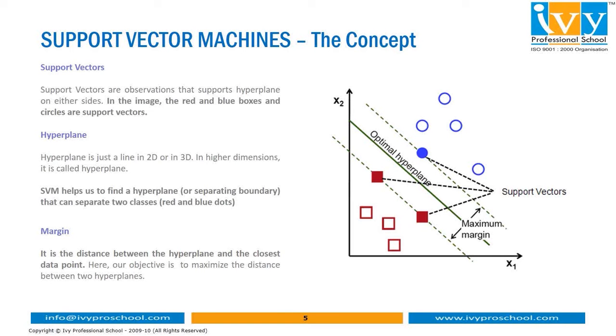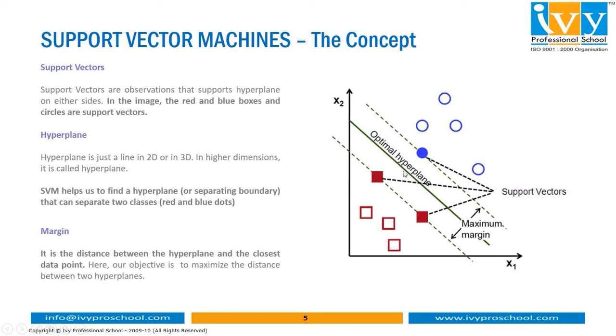In this case, it separates my blue circles from my red squares, and it achieves this by maximizing the distance between the two hyperplanes, which is between these two points, and the distance between these two is called the margin. The points which lie closest to the hyperplane are my support vectors, and this is the optimal hyperplane.